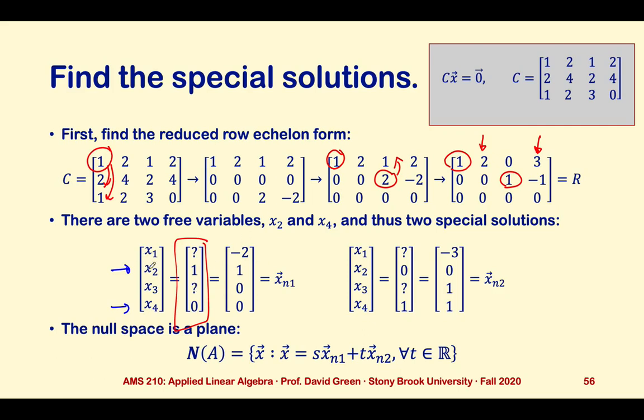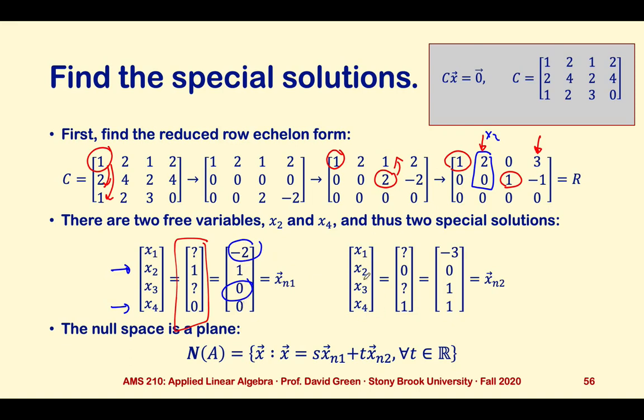Since x2 is the one we set to 1, we look at the x2 column, and our pivot entries will be here. For x1, we have a 2. We negate that in our special solution. And for x3, we have a 0, so we have a 0. Our first special solution is -2, 1, 0, 0.